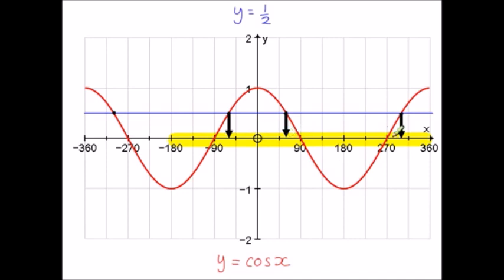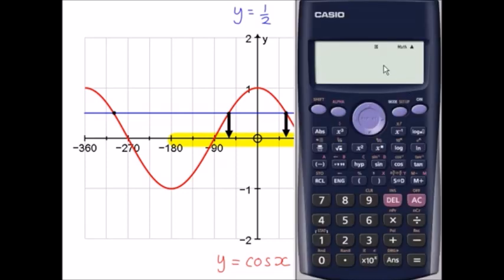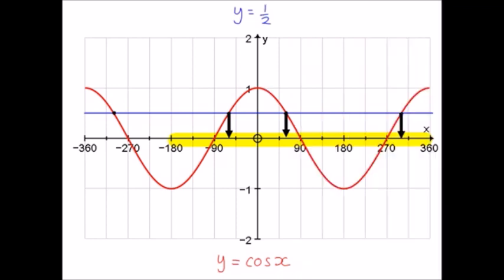So there will be 3 solutions. From the calculator, if I do inverse cosine of a half, I get 60 degrees. So that angle is here, 60. That's one solution. Because of the symmetry of this graph, this one's going to be minus 60. That's my second solution.